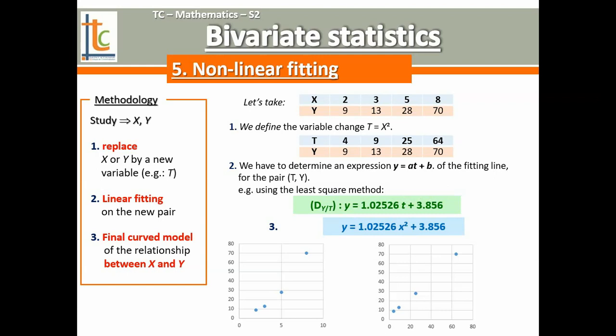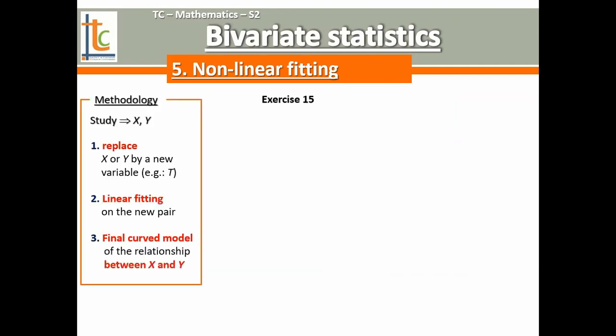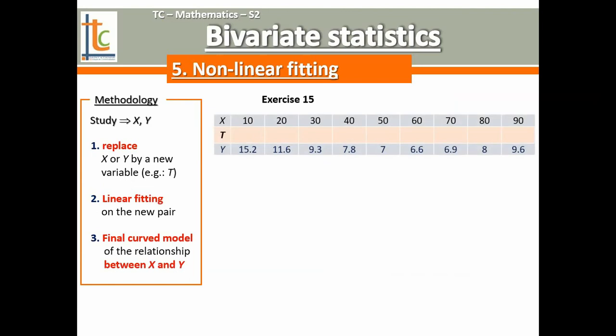Okay, let's see that in an additional example to see it again. So I'm putting back here the methodology. Exercise 15 of my document introduces the study between the speed of a motorcycle in kilometers per hour, first variable x, so 10 kilometers per hour, 20, 30, 40, and so on.